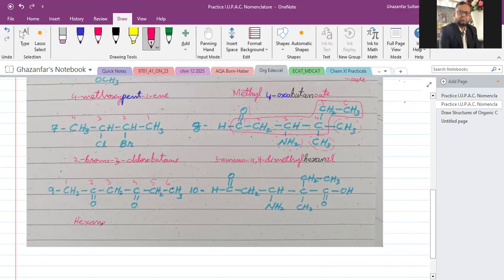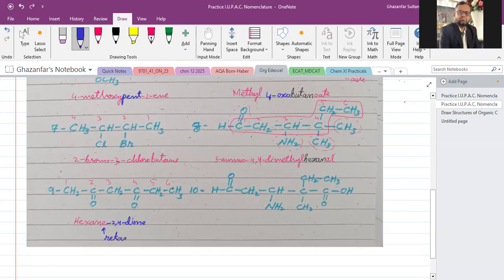And we do not omit E because the next letter is not a vowel, because the second and fourth positions both are ketone. So this is 2,4-dione. Because there is no vowel sound, we retain this E.